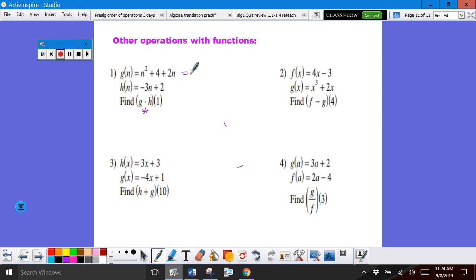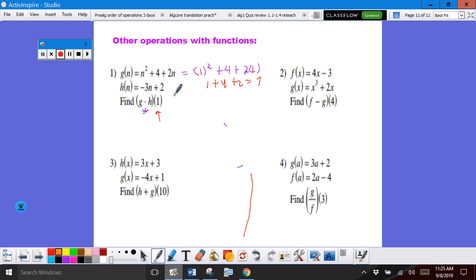Remember, when I substitute, I should always use parentheses. So I'm going to write my template here and substitute in a 1. So here's a 1, here's a 1. So 1 squared is 1, 1 plus 4 plus 2, that's going to give me a 7. So my G function, my answer is 7.